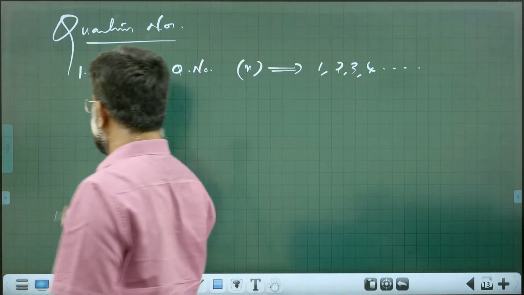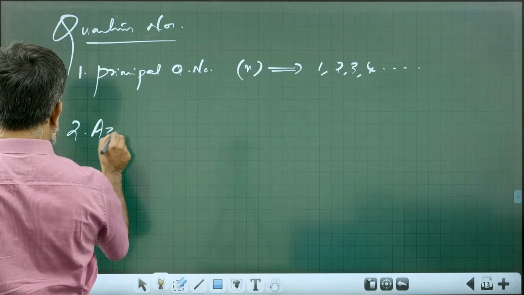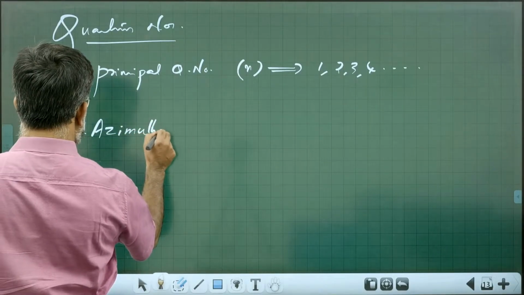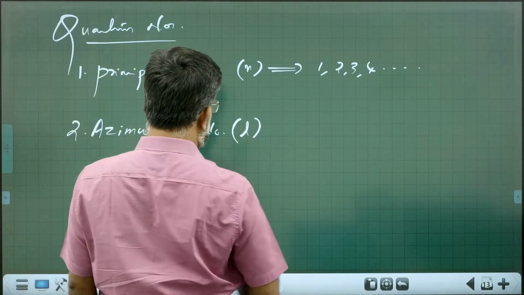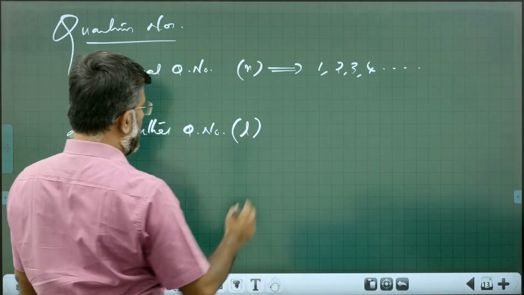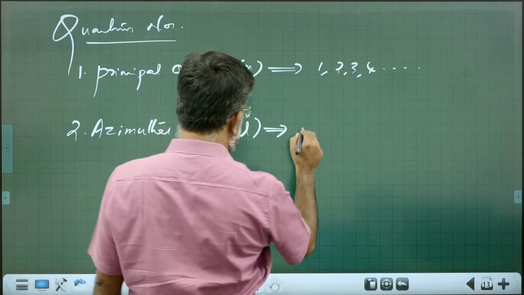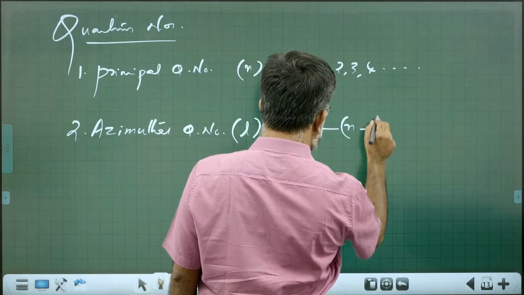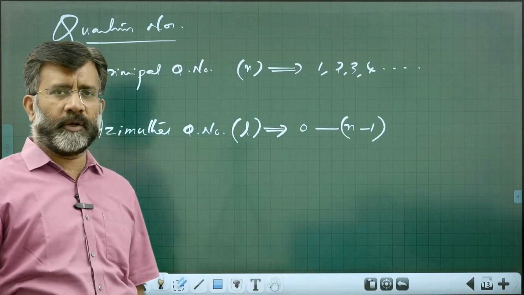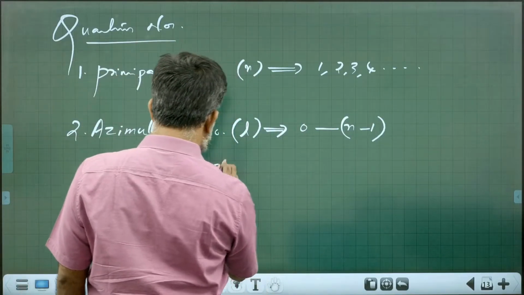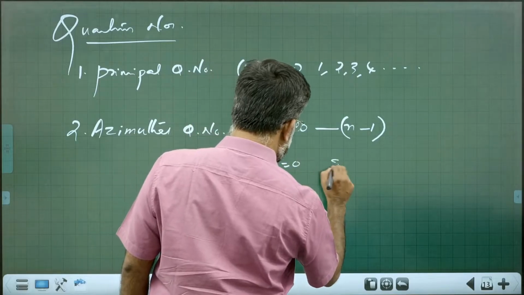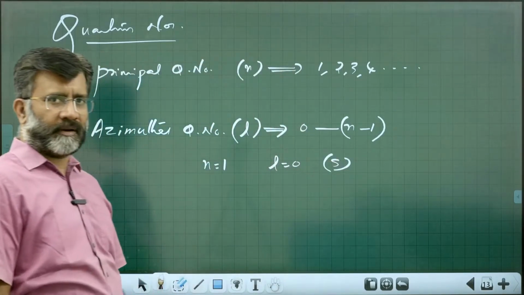The second one, azimuthal quantum number, is represented by L. Its value depends on n, and it is 0 to n minus 1. Suppose you have n equal to 1, L equal to 0, that is S subshell.